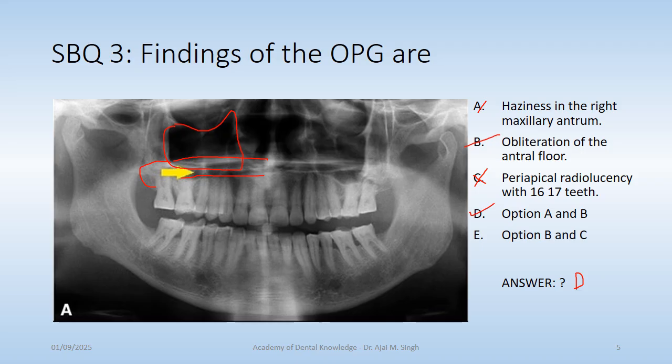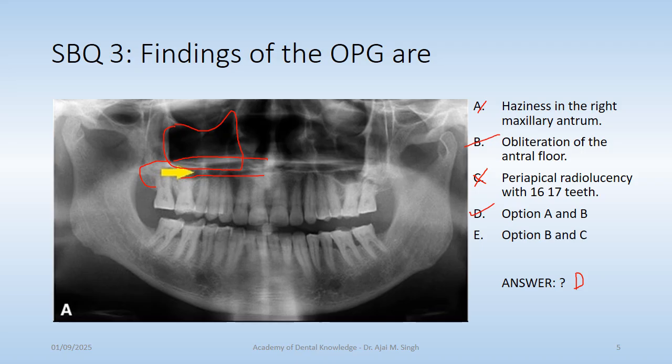Okay. Option C is periapical radiolucency with first molar and second molar teeth. This is the second molar, and surrounding the second molar I can see the bone up to here. In the periapical area I don't see any radiolucency, and as much as I can see with the first molar there is no radiolucency except this one, but it's not very clear.